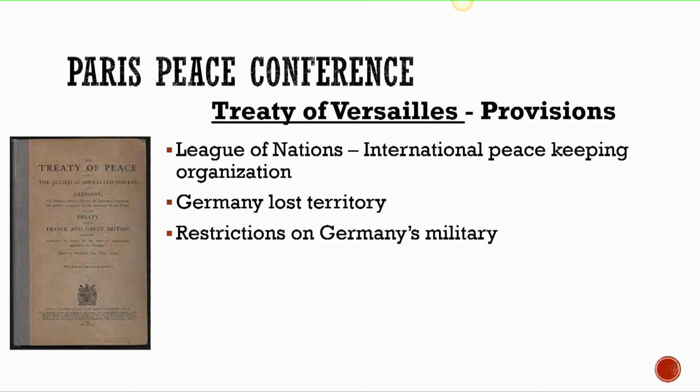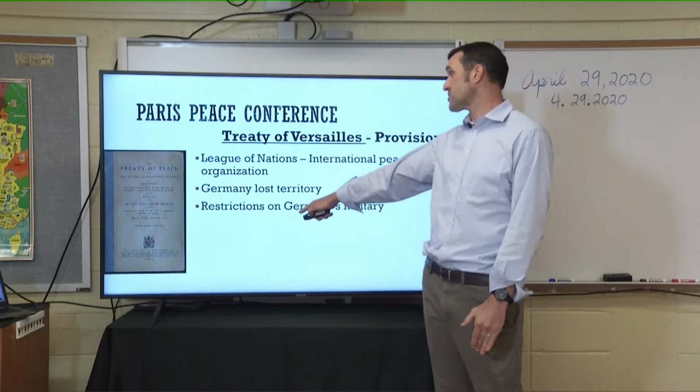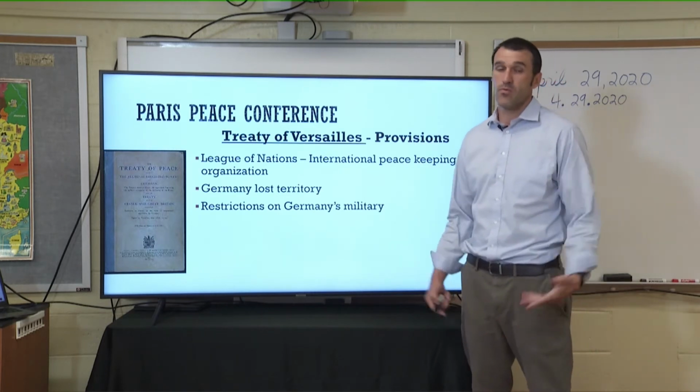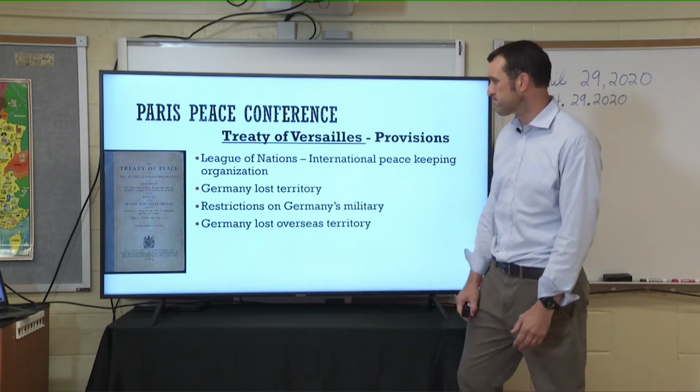They did put a restriction on Germany's military, particularly the number of soldiers that they could have, no air force, limited the number of ships that they could have, things like that. Severe restrictions on Germany's military to make sure that they could not rebuild and attack again.